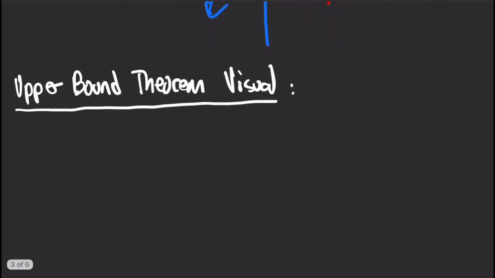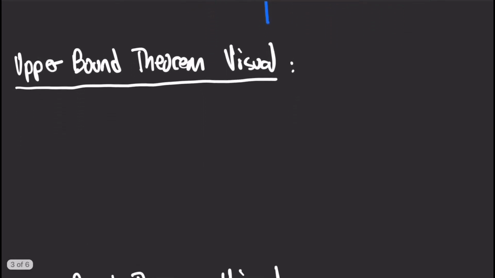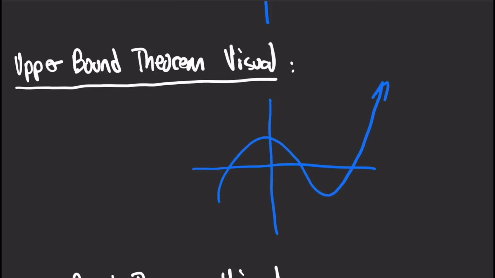So let's get a visual for this upper bound theorem. What this says, again, I have some polynomial, like so, is that I would try to divide C synthetically. And if all of my sums in synthetic division are positive, basically what that tells me is that this is an upper bound. Because if you notice on this piece of the function, it's just going to go up to positive infinity.